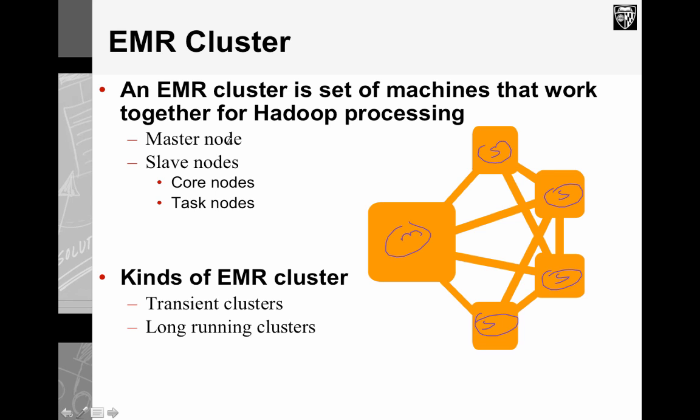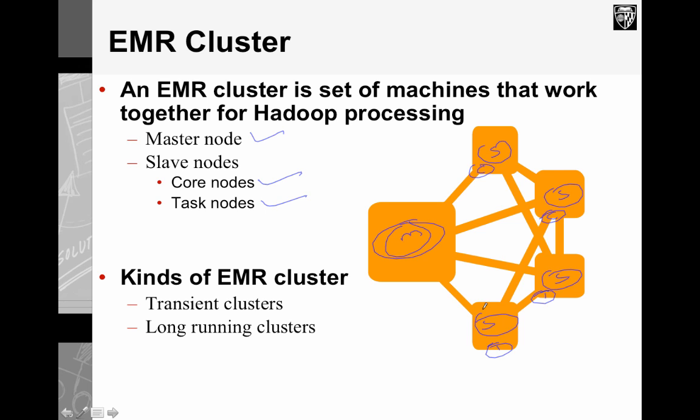They have a master node, but in terms of slave nodes, they actually have two types of slave nodes. They have core nodes and task nodes. Some of the slave nodes will be core nodes, some will be task nodes. I'm going to talk about the differences between them in the next few slides.